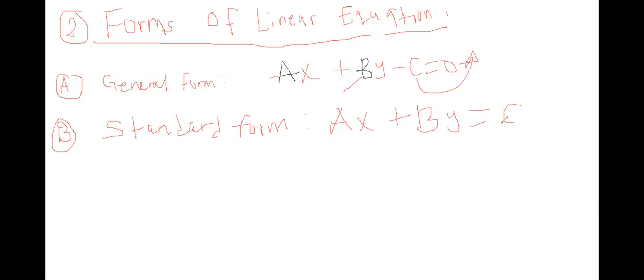So the a, b, and c, one can call them parameters in mathematics. So we have general form, we have standard form, and then we have what? Slope intercept form as well. So we can also have a linear equation expressed as slope intercept form.